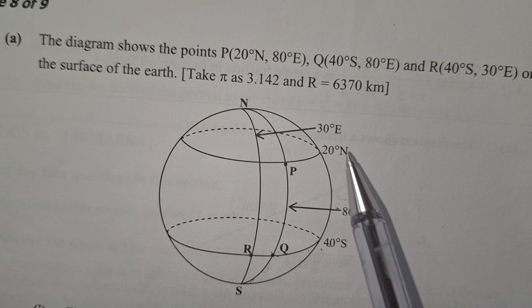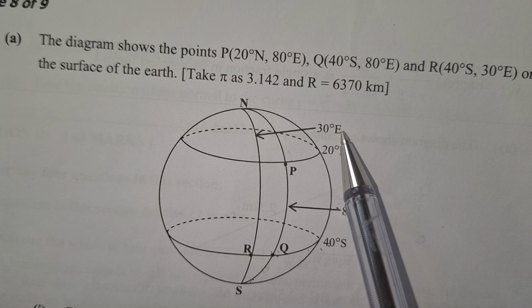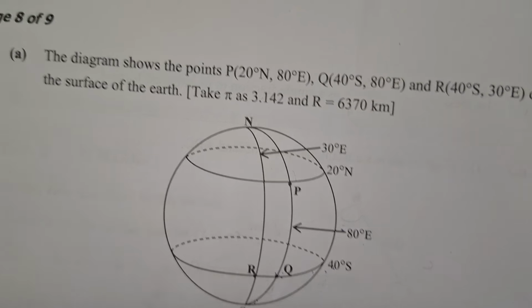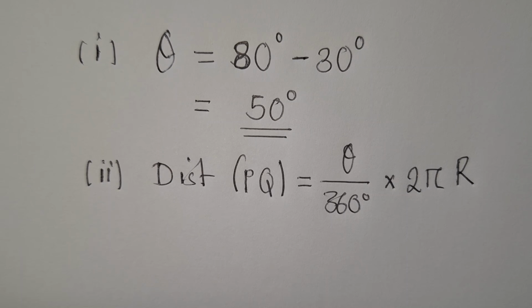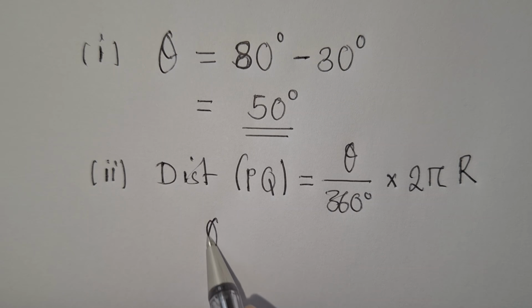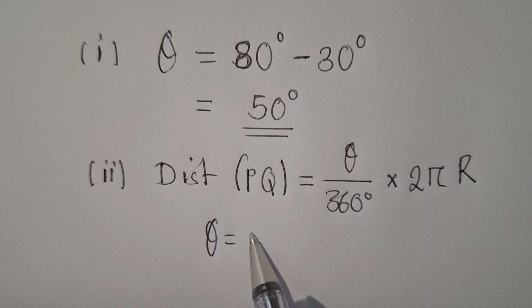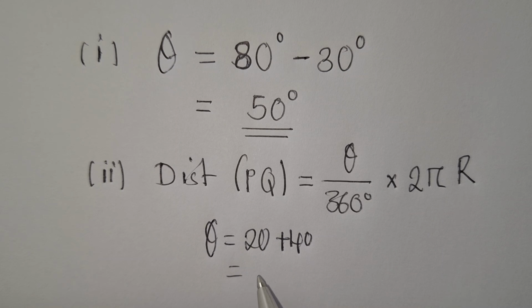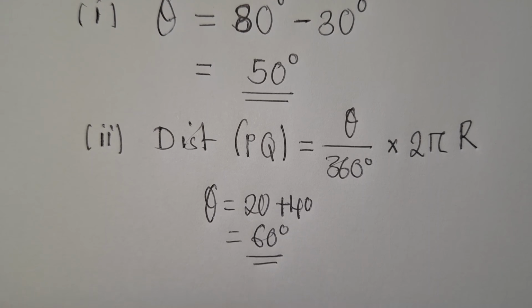For east and east, we subtracted. Question 1 we subtracted because we are in the east. But for this, we have different sides, south and north, so we are supposed to add. That will be our theta. So let me just write the value of theta. It will be 20 plus 40 degrees, which gives us 60 degrees. So our theta is 60 degrees.